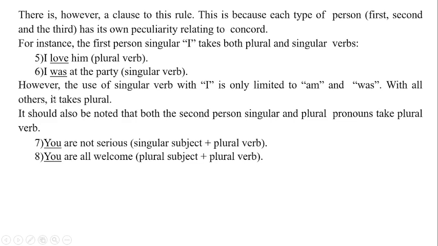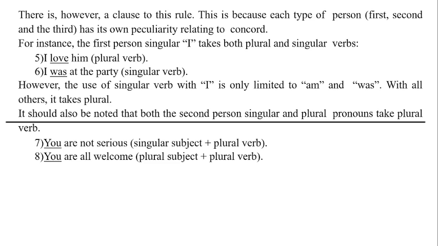All right. It should be noted that both the second person singular and plural pronouns take plural verb. The second person singular is you. The second person plural is still you. So in the case of the second person singular or plural, you use the plural verb.